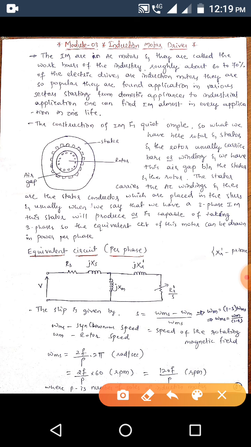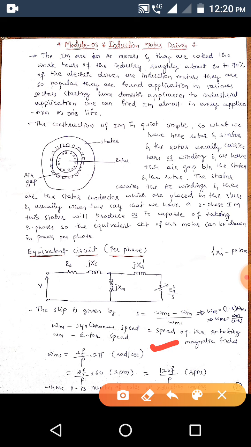Synchronous speed is equal to 2 pi f by p, in radian per second. We can define the synchronous speed in revolution per minute or radian per second. So it will be 2 f by p into 60, which is in revolution per minute, or 120 f by p.